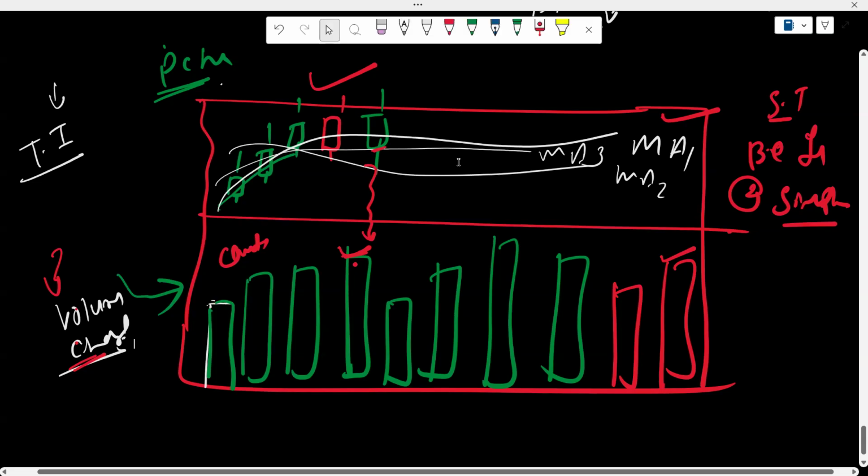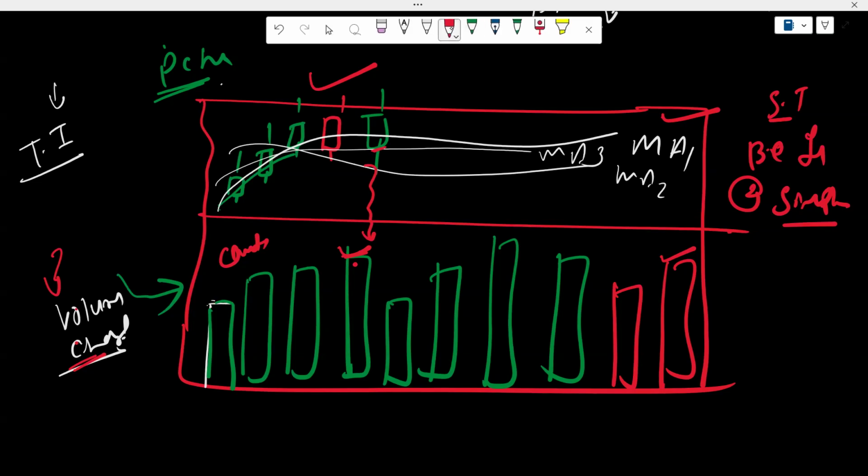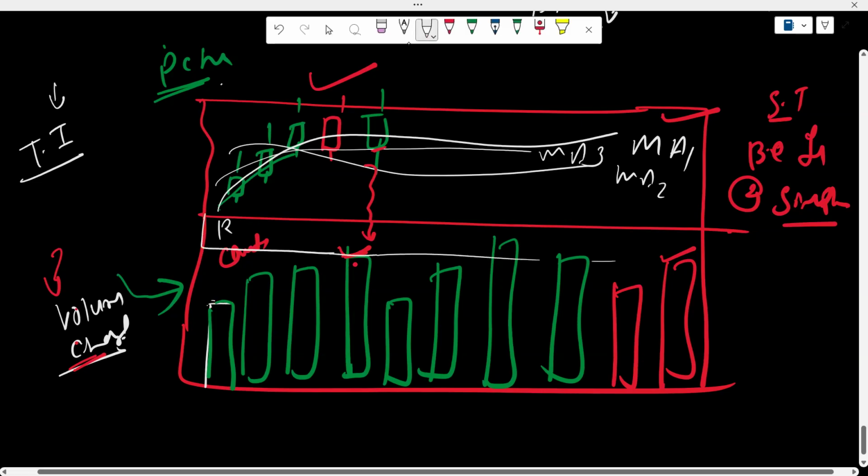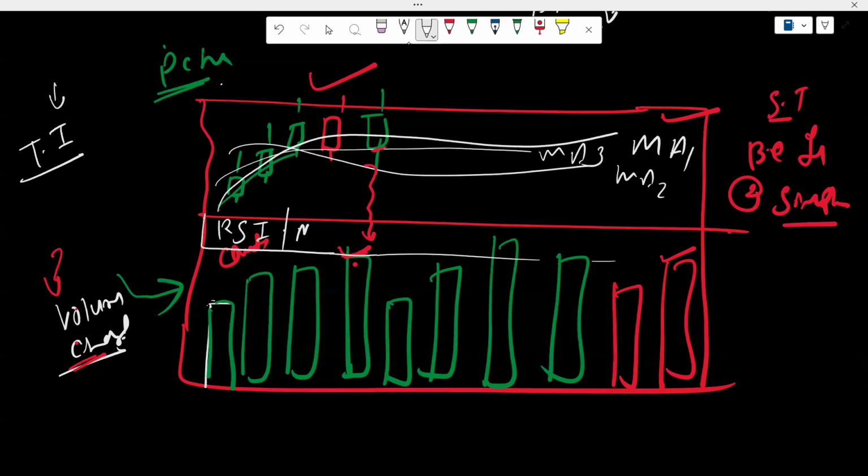So RSI and MACD we will not use. Yeah, if you want to use the RSI also, you can use. RSI you can plot, but it will have its own scale. You can use the RSI and MACD also, but this moving average will work more. If you are using the RSI, you may get confused, and MACD will confuse you.